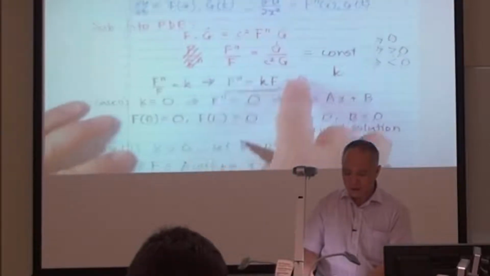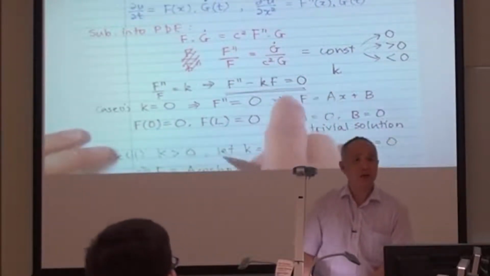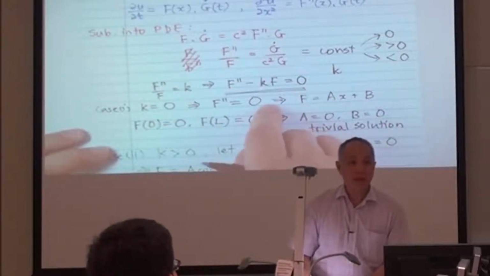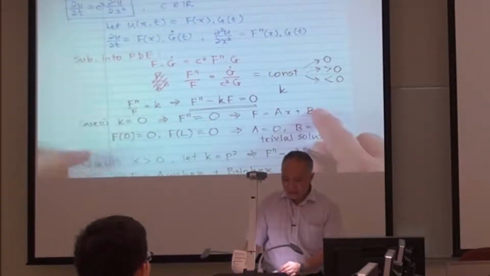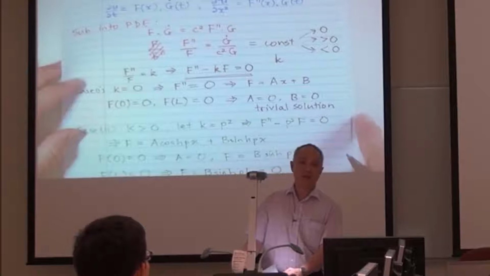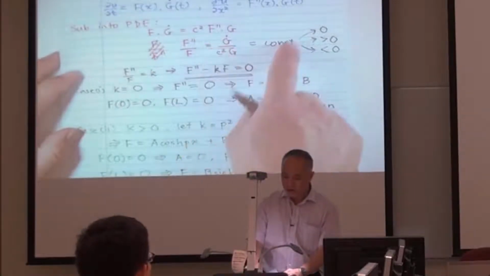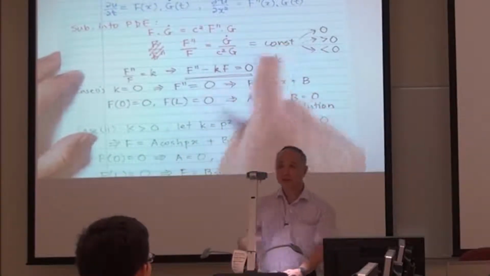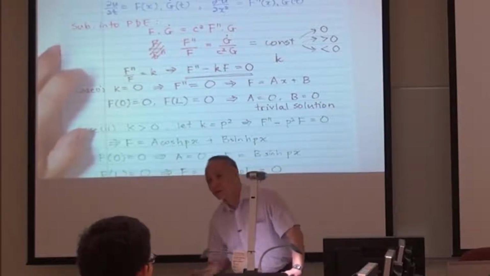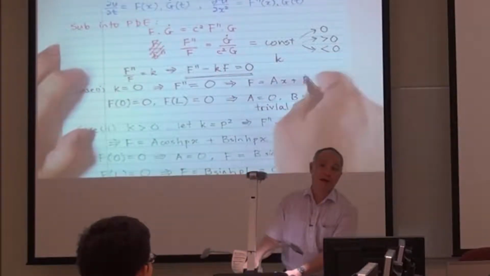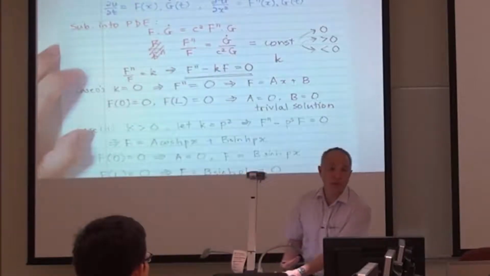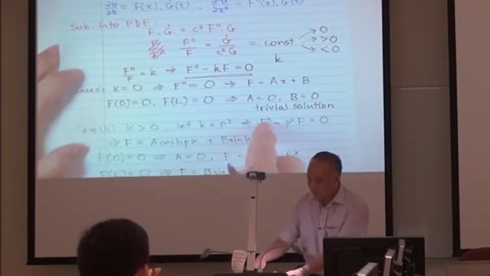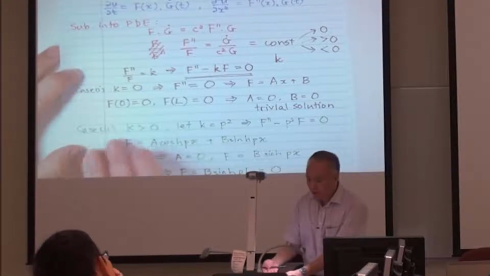So let's focus on this particular ODE first. I try to solve this ODE. But for this ODE, I have 3 cases. So I go through the cases, and I find that in case 1, I get a trivial solution. So this equals this constant. Just now, you mentioned it could be 0. I'm telling you now, it cannot be 0, because if it's 0, I will get a trivial solution. Then you say it can be positive. Okay, let's try if it's positive.